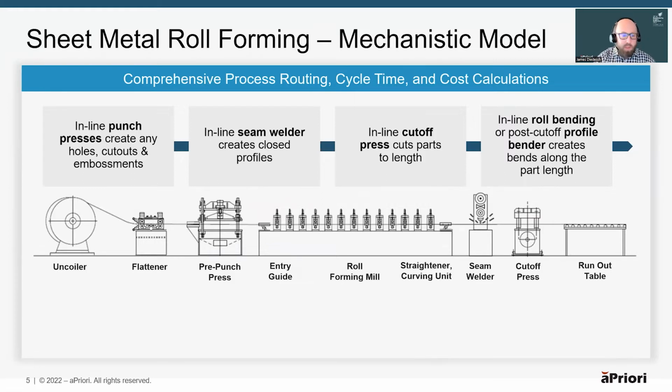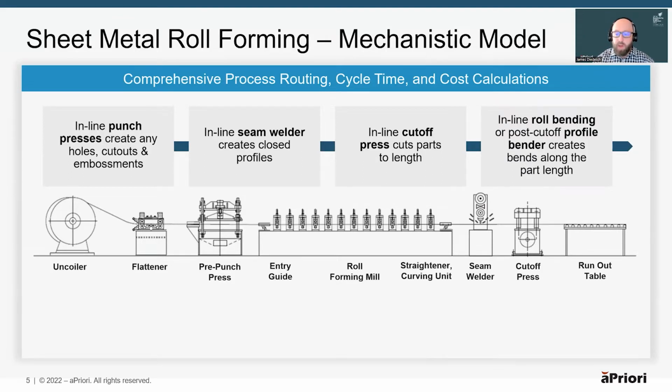The material runs through a flattener. In this case, if the tolerances allow it, we will punch the holes in a pre-punch press, and then the material will enter into the entry guide and go through the progressive roll forming mills, the dies that are shaping the material.